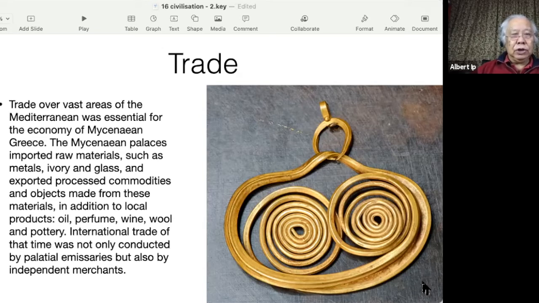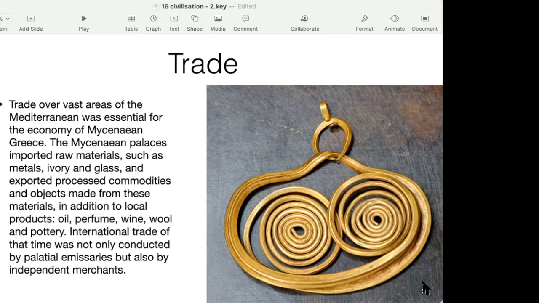The international trade at that time was not only conducted by the palaces themselves, but also by independent merchants. Quite interesting.